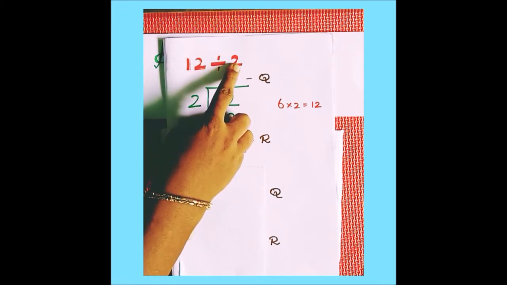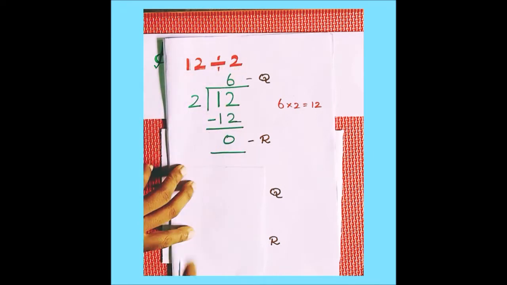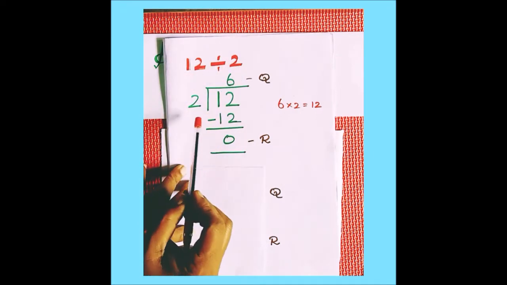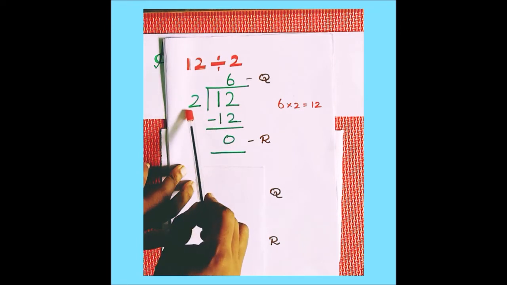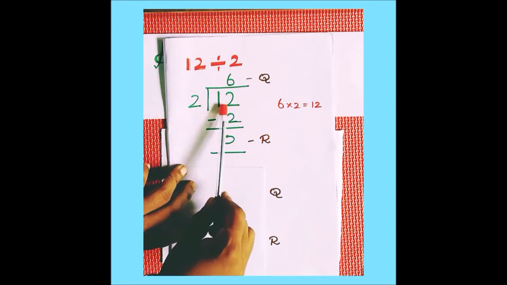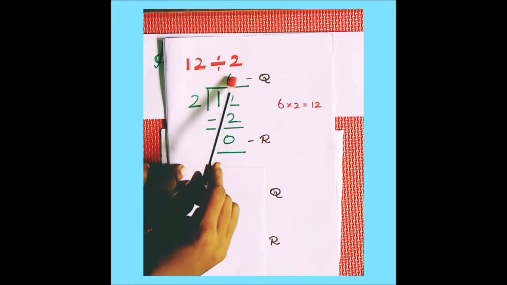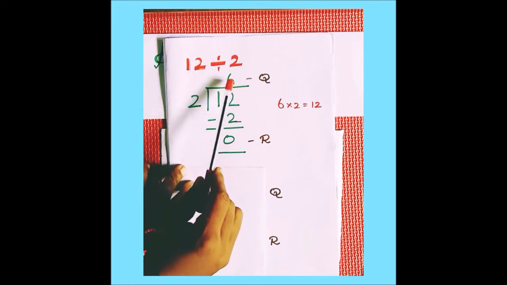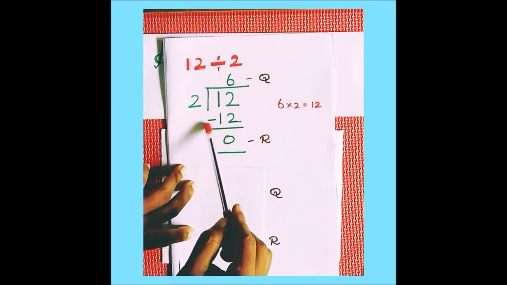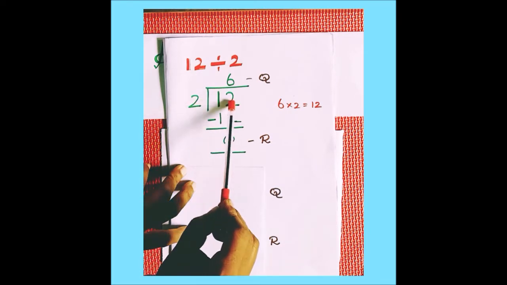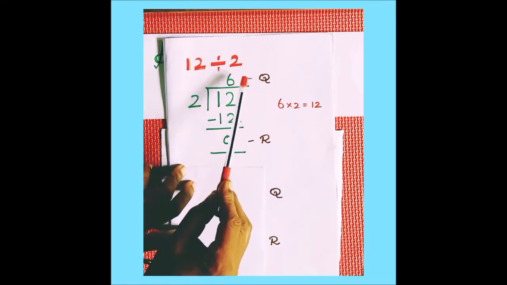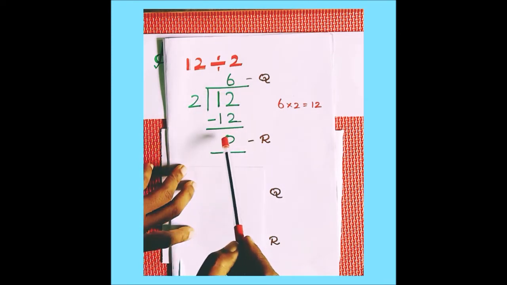It means you have to divide the number 12 by 2. In the 2 table, 12 comes how many times? 6 times. So, here you have to write 6. 6 2s are 12. So, what is our remainder? 0. So, by dividing 12 by 2, you get the quotient as 6 and remainder as 0.